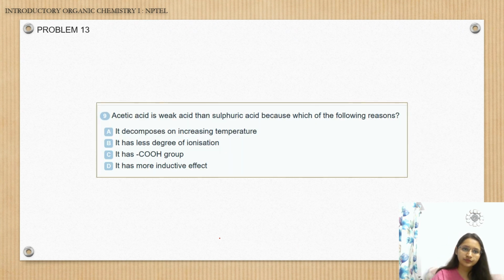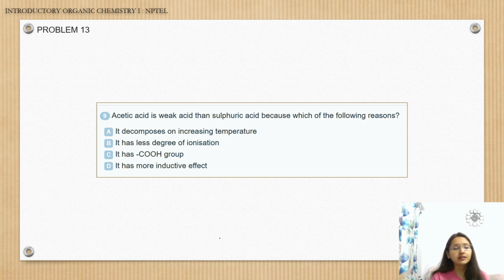In problem number 13, they are asking: acetic acid is a weaker acid than sulfuric acid because of which of the following reasons? See guys, you have to compare acetic acid and sulfuric acid, but they are already saying that acetic acid is weaker than sulfuric acid. Now you have to figure out the possible reason.